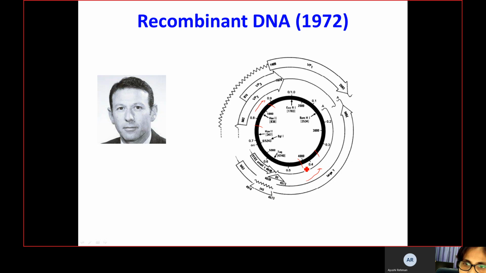If you cleave this end of SV40 to insert your protein of interest, for example here, that means you are deactivating the early gene. So in case you are deactivating your early gene, then he came up with a system where he has another SV40 vector, and the early gene is expressed in this SV40, whereas the late gene is defective in this case.